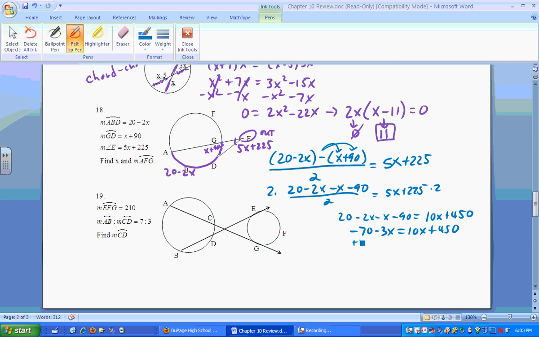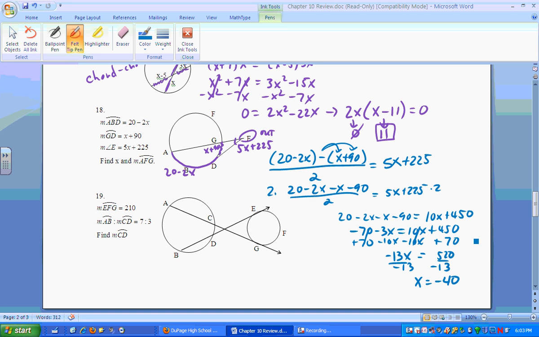Let's say we add the 70 this way. You're ending up with 520, minusing the 10x that way, you get negative 13x, divide by negative 13, and x ends up equaling negative 40.